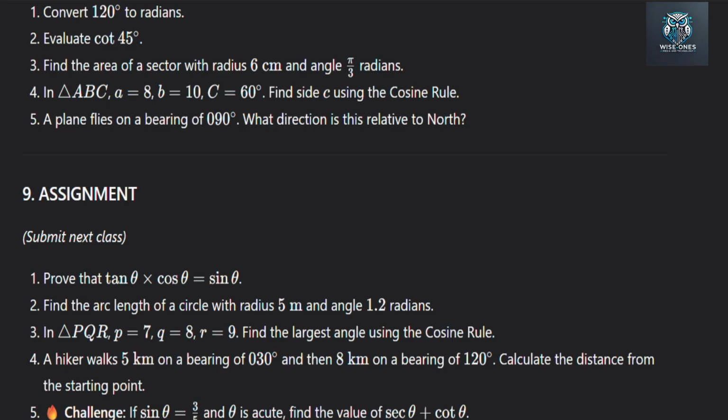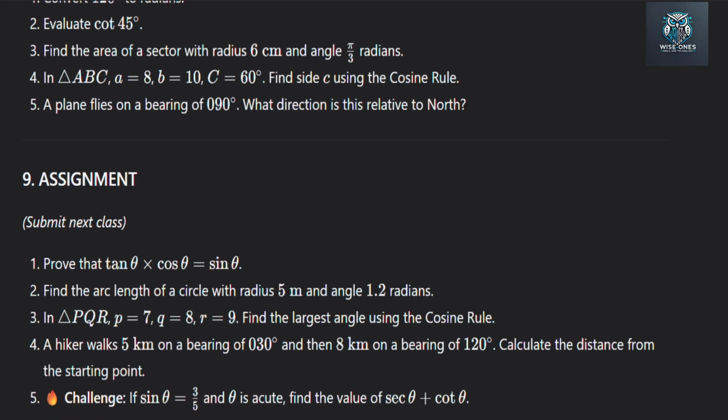For your assignment, Section 9, please do these at home. Question 1. Prove that tangent theta times cosine theta equals sine theta. Question 2. Find the arc length of a circle with radius 5 meters and angle 1.2 radians. Question 3.